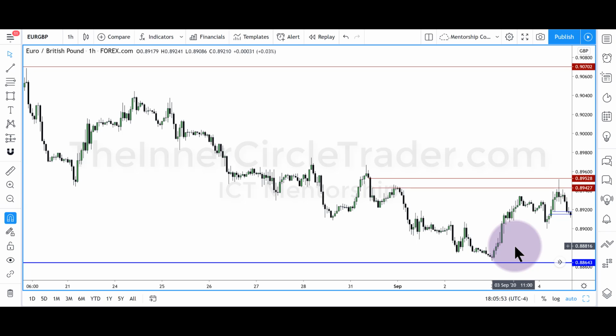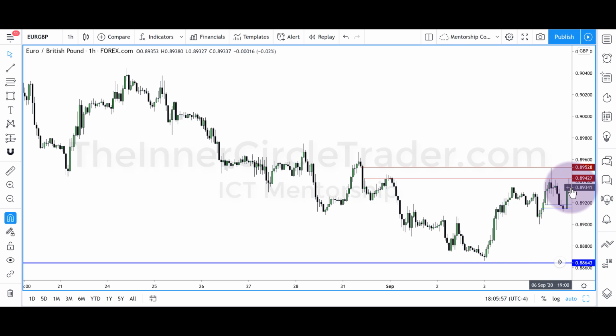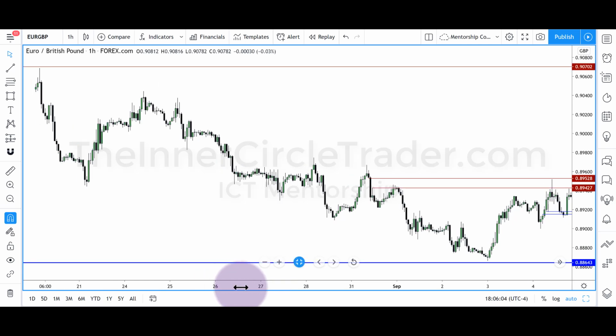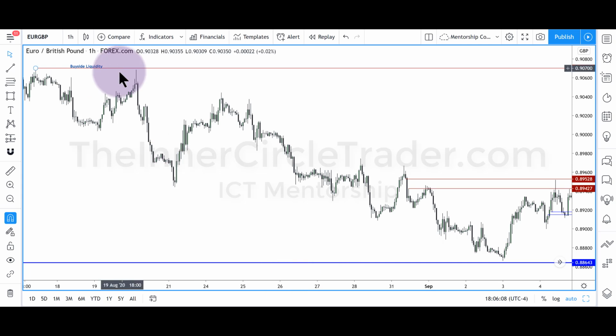Okay? So with that said, you can see we open up relatively unchanged, and then pow, starts to trade higher. If you're scrolling back here, you'll see the relative equal highs back here. Okay, so that could be a potential draw on liquidity.